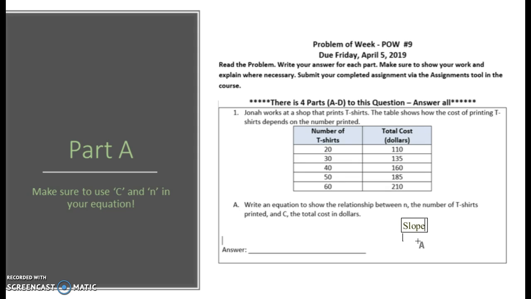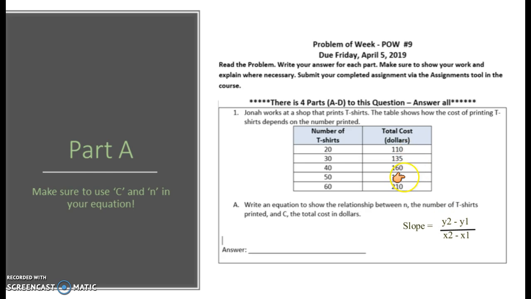But for slope, you can also do the change of y, which is y2 minus y1, over the change of x, x2 minus x1. So this is something that you learned with linear equations. We haven't really reviewed it yet this semester, but you can go ahead and look that up and see an example that you can use to come back and do this one.